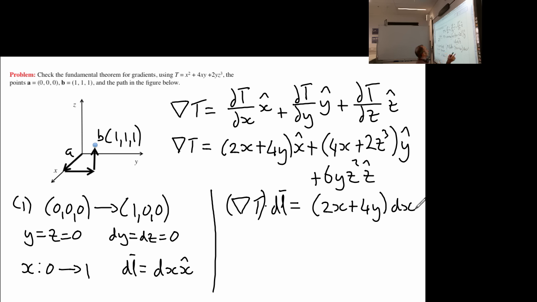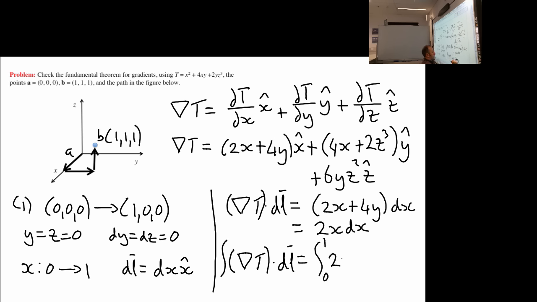Now we know that y is equal to 0, so this gives us 2x dx. So now we must take the integral of this between 0 and 1. So we get the integral of 2x dx, and this is going to result in 2x squared over 2, the 2's cancel, and this will result in 1. Okay, so this is our first side.